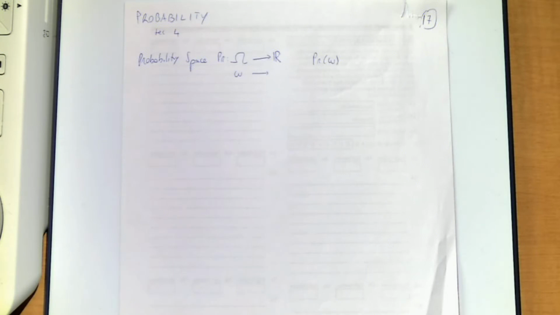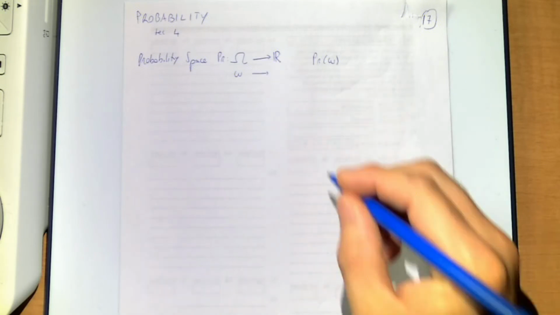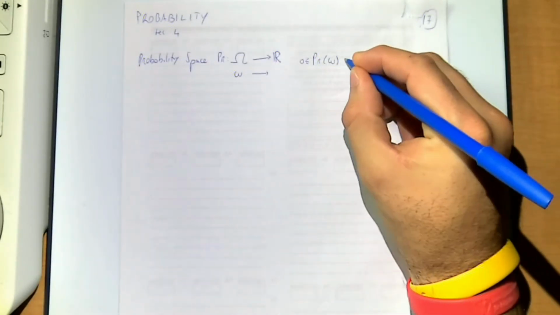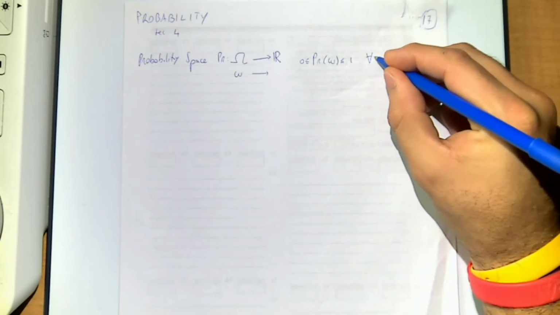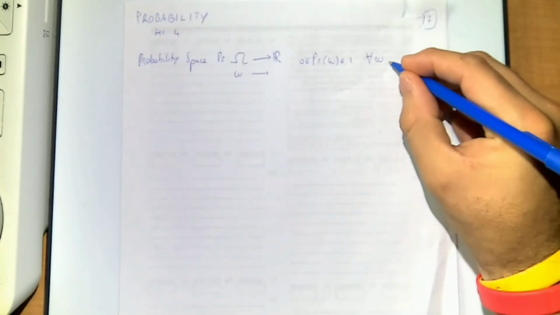That's not mathematically very rigorous, or it is, but it is not accurate. 50% is just a measure of portion out of a total. In probability theory, we like to use numbers between 0 and 1. So we use real numbers, but really between 0 and 1. So this number is between 0 and 1 for all omega.